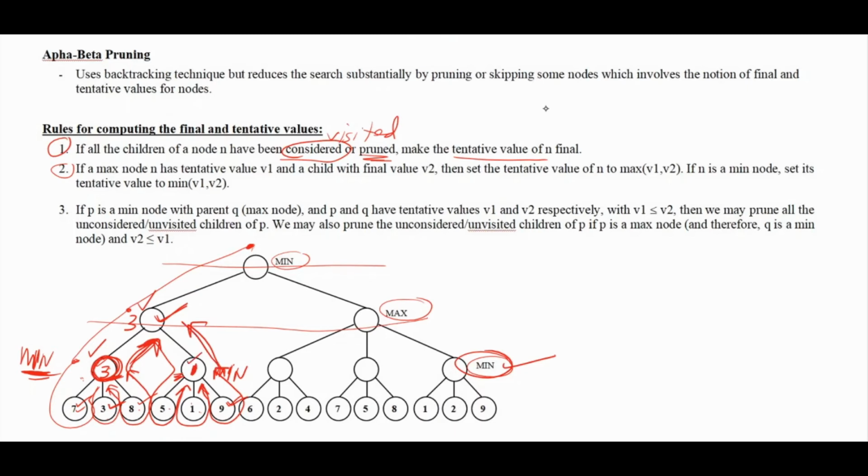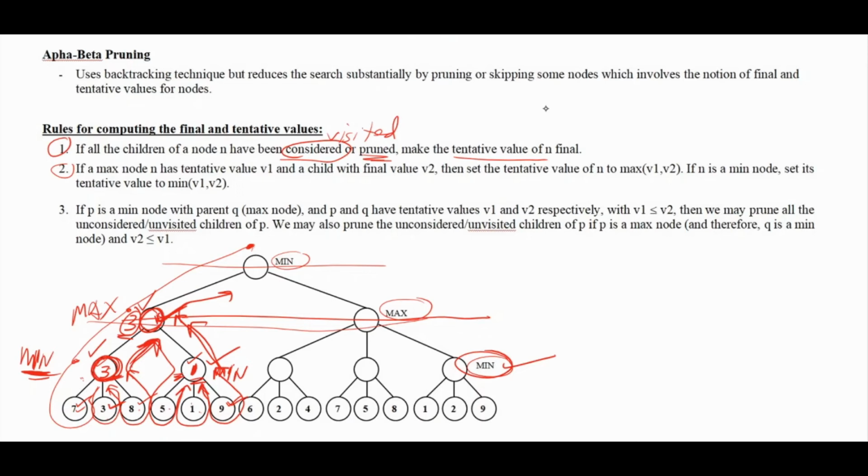And then when we go up back to the parent node of this node, we update the tentative value of this node by getting the max. Since this node is on this level, max nodes, this is a max node, therefore we get the maximum between 3 and 1, and the maximum is 3. And when we go up, we have no more child for this one to visit.